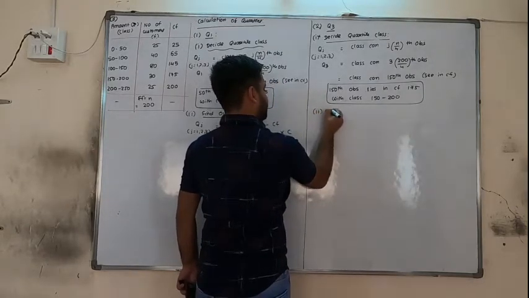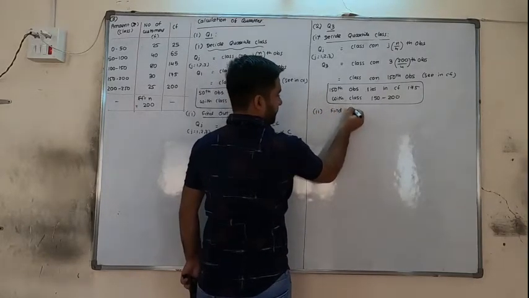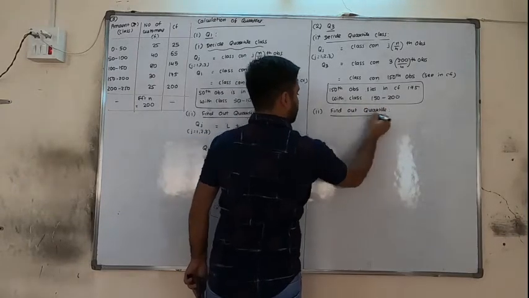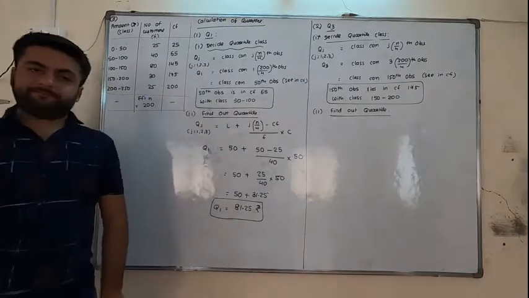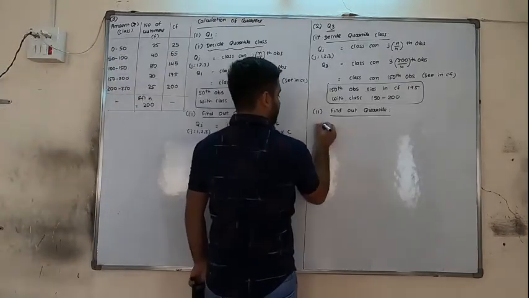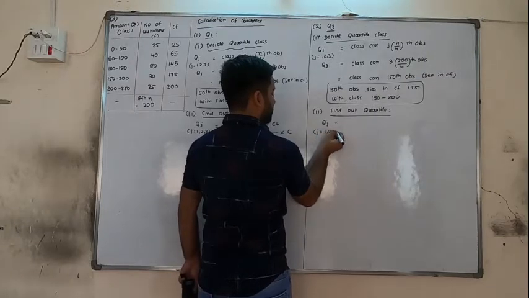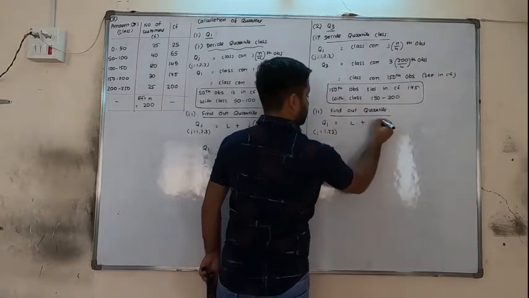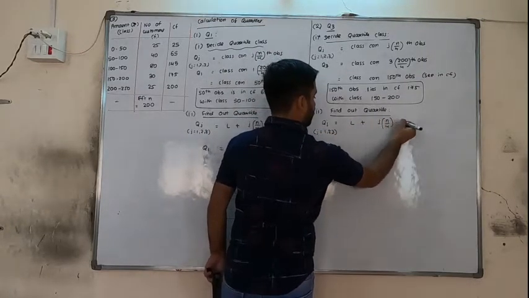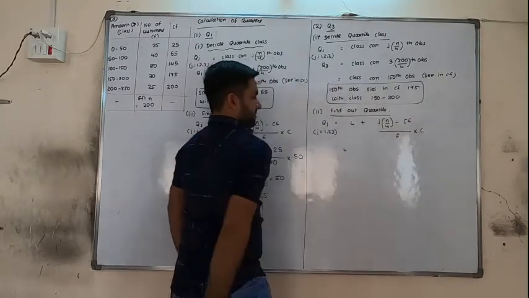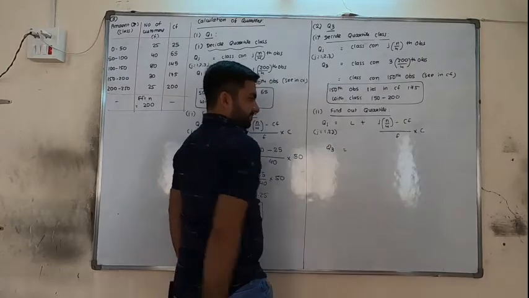Second step, find out quartile. Formula Qj, j is 1, 2, 3, is L plus (j n by 4 minus cf) upon f, multiplied by c. We need Q3.